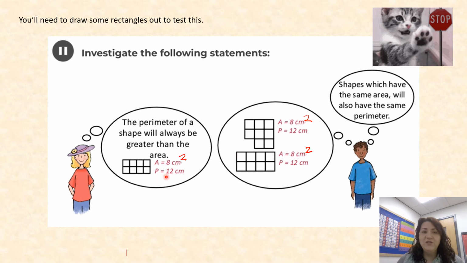Just one, that's all you need, and you've disproved it. So you'll need to draw some rectangles out to see if you can find, in this case, an area that's bigger than a perimeter. And in this case, see if you can draw maybe another shape that's got an area of 8 but doesn't have a perimeter of 12. So pause the video. We'll go through it afterwards, but pause the video and have a go now.